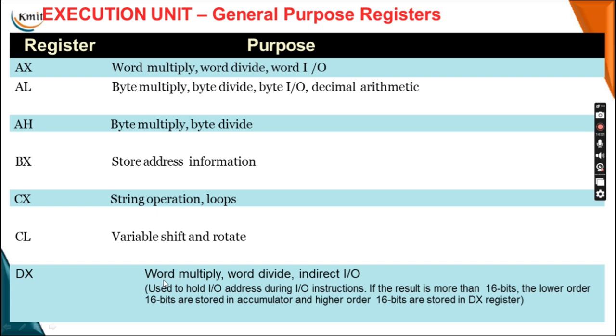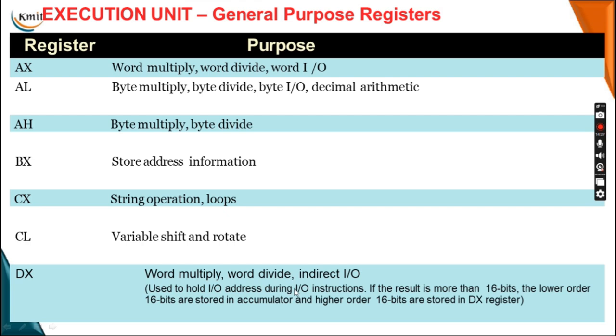Okay, it indicates the port address of the IO operations. It can do word multiply, it can do word divide, and it can do indirect IO operations as well. Nothing but taking the data from the memory, using it, and again storing it in the memory. That is indirect. Getting a point here?